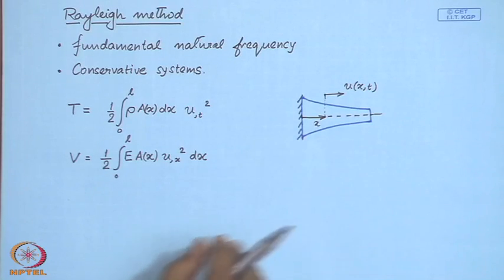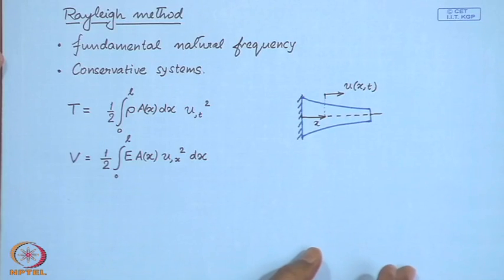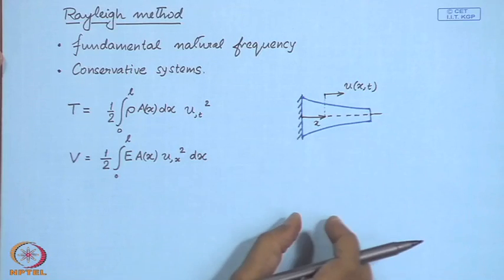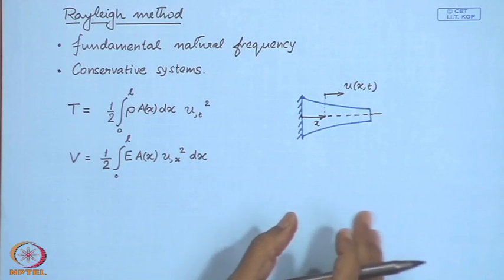Now, this system, this bar in axial vibration, as we know, is a conservative system, which means that the total energy of this bar is a constant.